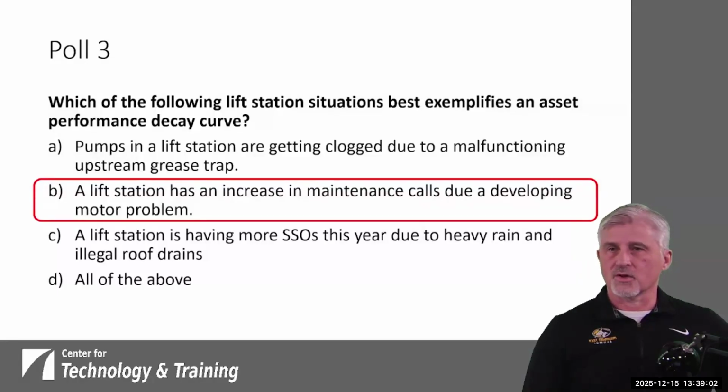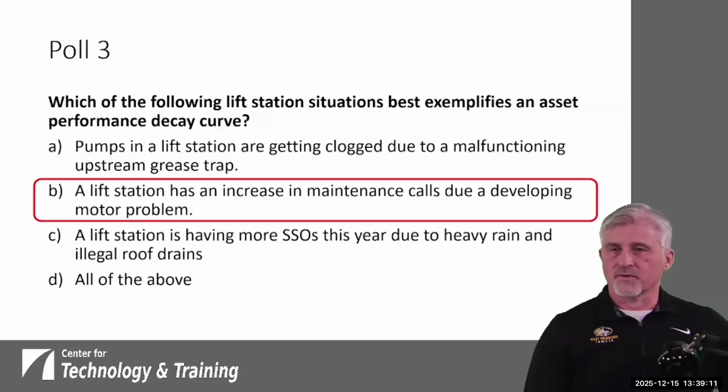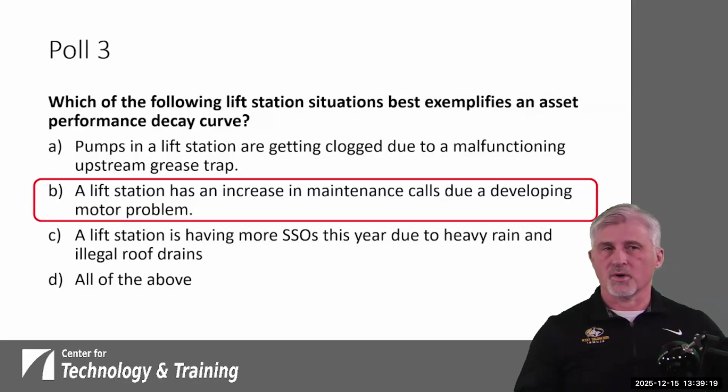Pumps in a lift station getting clogged due to a malfunctioning upstream grease trap is really the problem with the grease trap. And if you're having more SSOs due to heavy rain and illegal roof drains, that's really not indicative of the performance of the pump as it was designed.